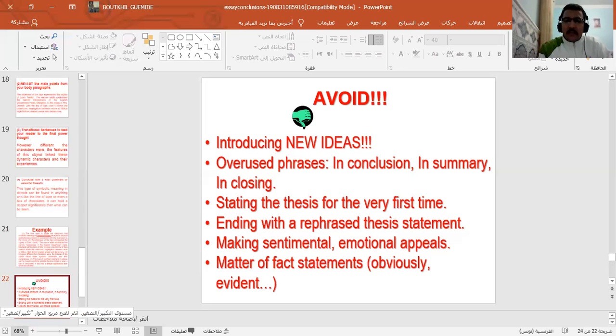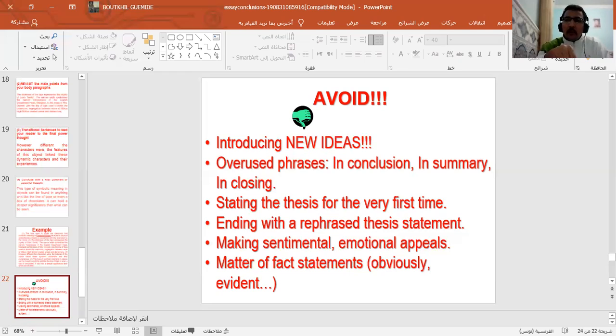Stating the thesis for the first time is one of the mistakes that EFL learners and novice writers make. They don't state their thesis in the introduction and then restate it in the conclusion.